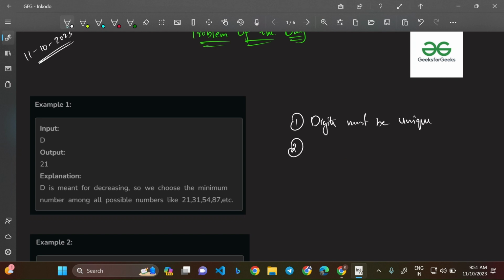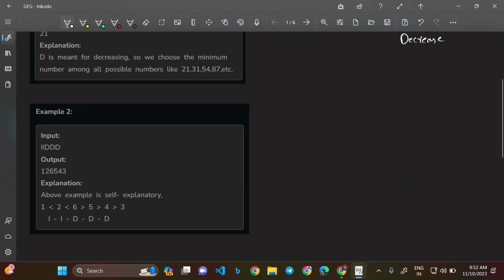And the second point is, wherever I is mentioned, we need to increase. Wherever D is mentioned, we need to decrease. That's a normal point. But the first point, digits must be unique. Second point is, you need to increase in such a manner that it can compensate the decrease.